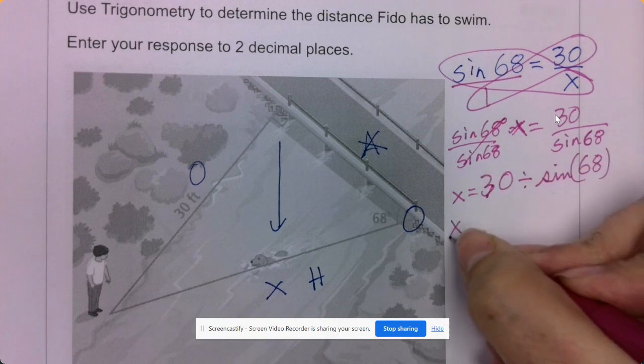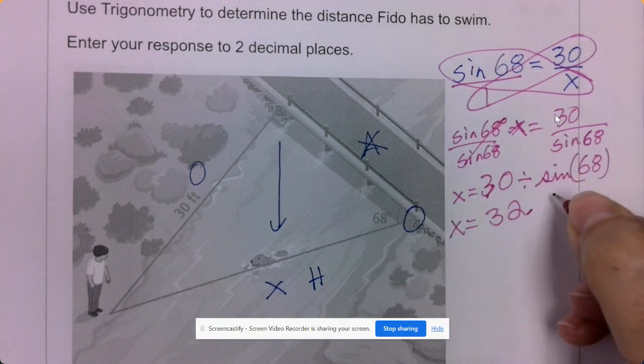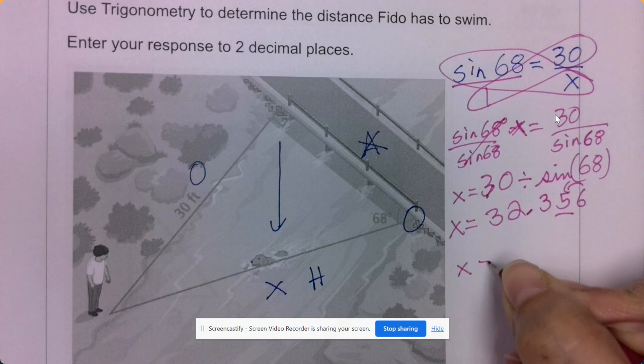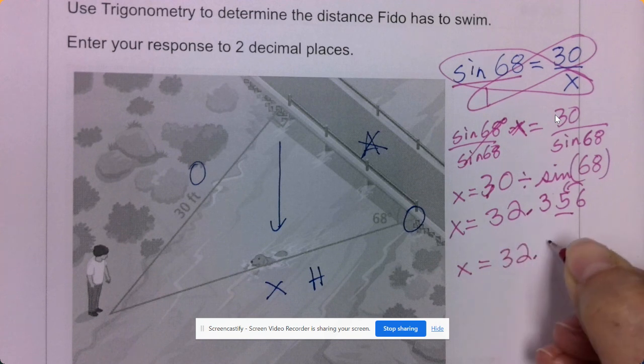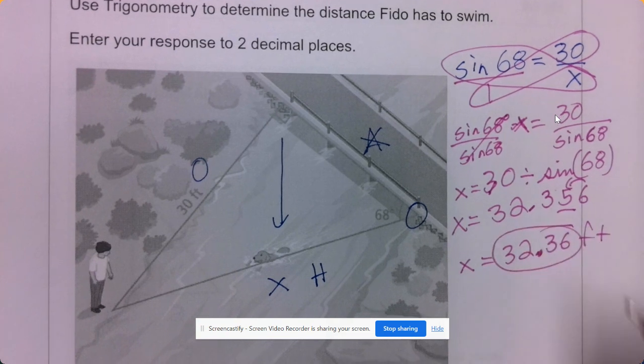Okay, and we get 32.356, 5 and up, rounded up. So we're going to get 32.36, and that would be feet. This would be our answer, everybody.